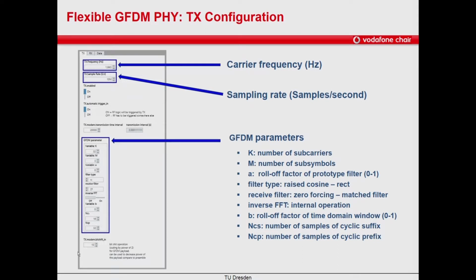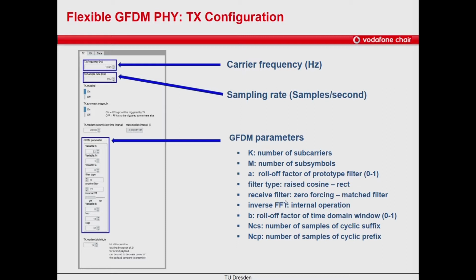And here we can configure the GFDM parameters, where K is the number of subcarriers, M is the number of subsymbols, and alpha is the roll-off factor of the prototype filter, and can take values between 0 and 1. The prototype filter can be chosen between raised cosine and a rectangular filter.